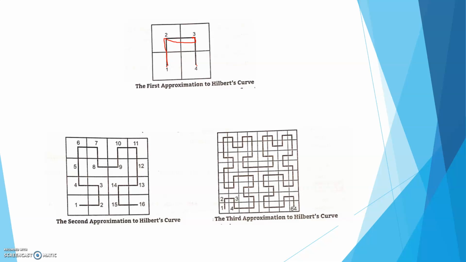Then in the second approximation, again we have to further divide each of the quadrants and connect the center of each of these inner divisions before moving to the next major quadrant. You can see this particular diagram. Here we will again divide that particular quadrant into 4 equal parts.